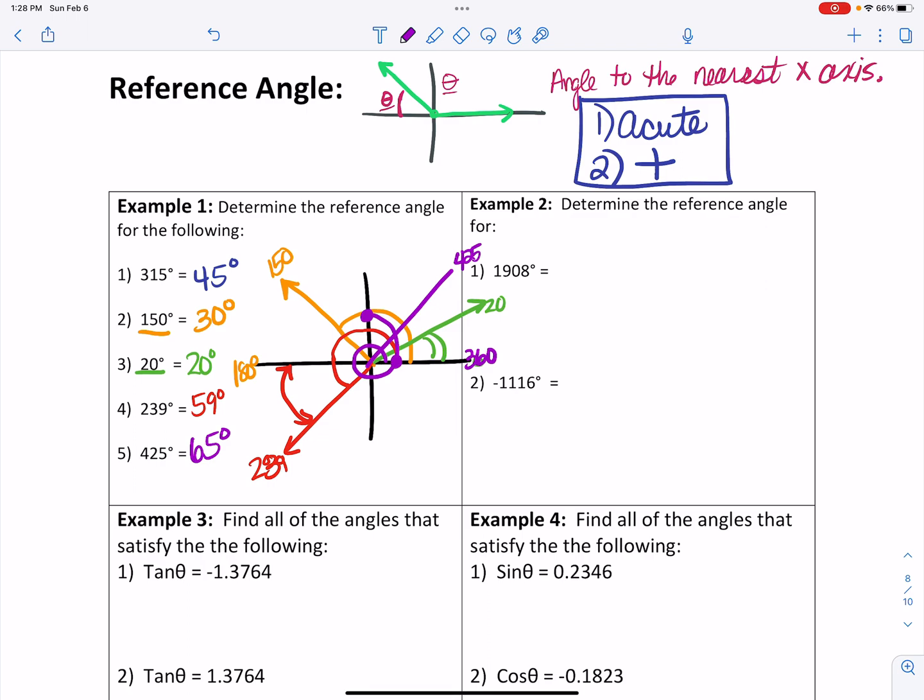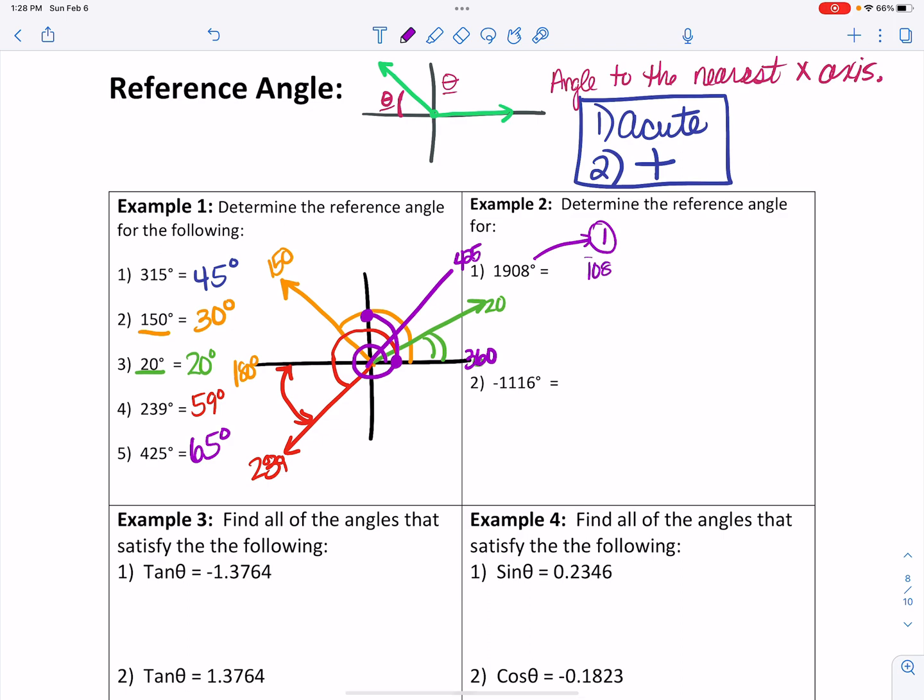All right, so to determine the reference angle, there's a couple ways of doing this. Way one is kids will take 1908 and they just keep subtracting 360: 1188, subtract 360, 828, subtract 360, and subtract 360, and my answer is 108.